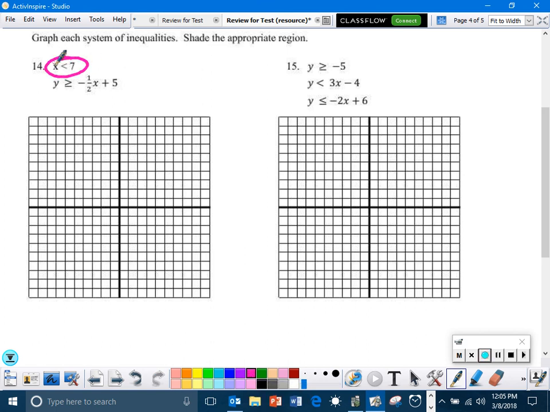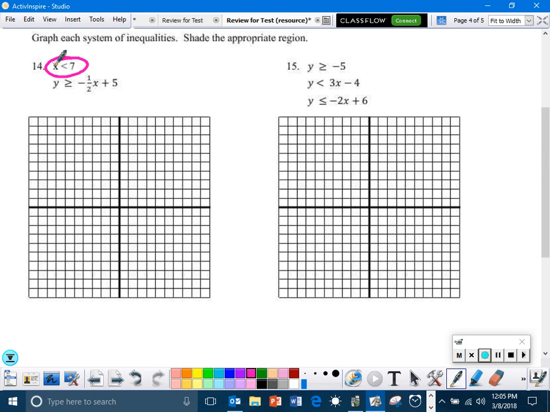Okay, remember, there's 3 types of lines. There's a diagonal line, there's a vertical line, and there's a horizontal line. Well, that first one, you will see there's only one letter. That tells me it is not a diagonal.